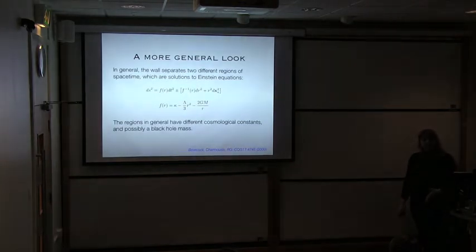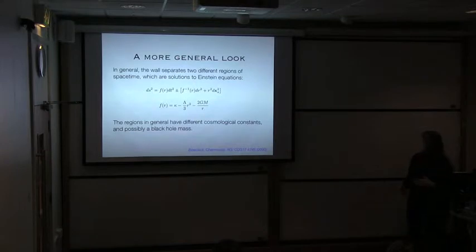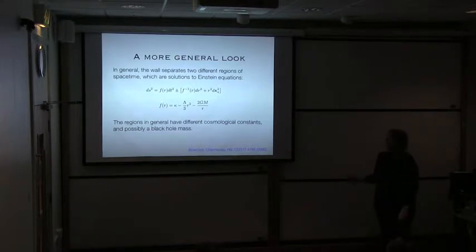Okay, so now it's time for a more general look. First of all, what could change? Well, if you think of the bubble as just one of these domain walls, and you ask what's a general wall solution, and I'm not sure if there is anyone in the audience who's worked on brane worlds, this was something that we did a lot.